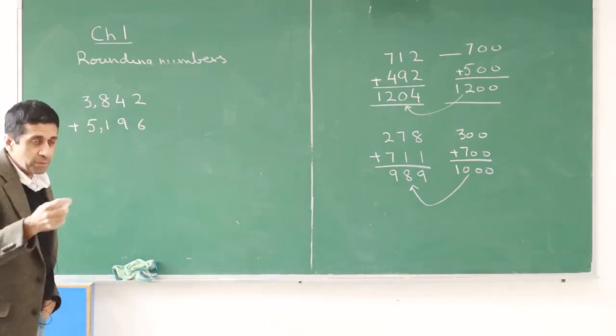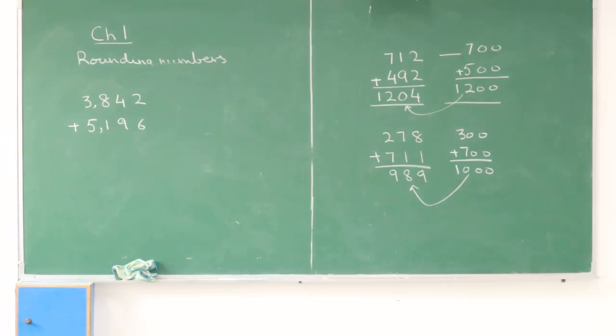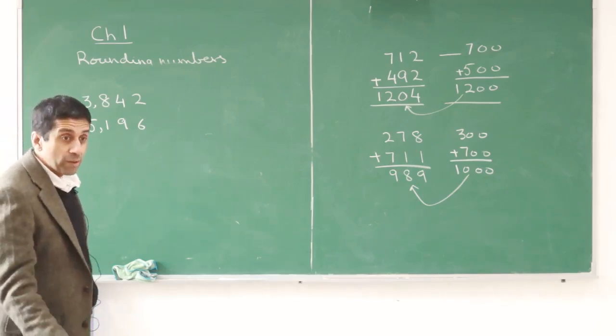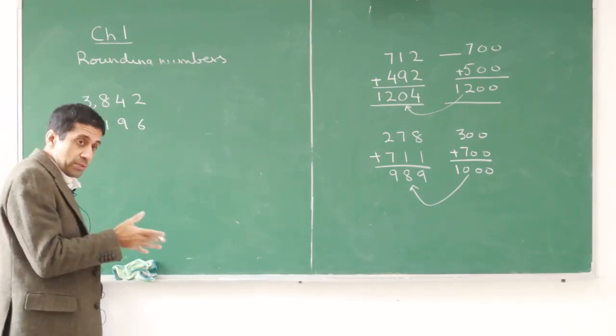Estimate it and just tell me the answer. 4,000 plus 5,000 is 9,000. But you now estimated to the thousands. You didn't estimate it to the hundreds. You could have. Or the tens. You chose to do it in the thousands.